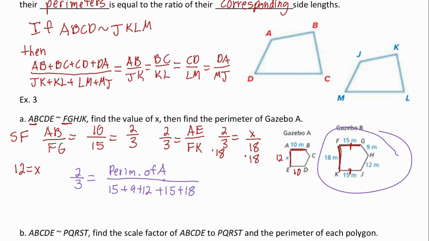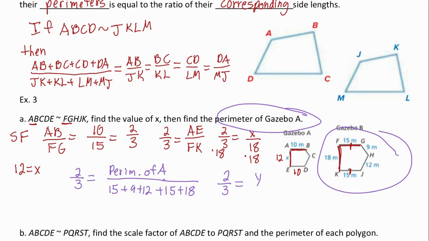So you can find all of the sides individually, or because it just asked me to find the whole perimeter, I can just do the whole perimeter together. So I'm getting 2/3 equals, I'm going to call the perimeter of A y, just to make it a little bit easier to solve.